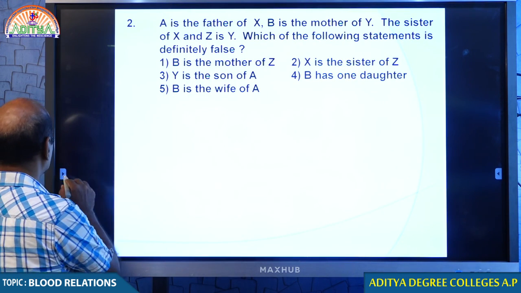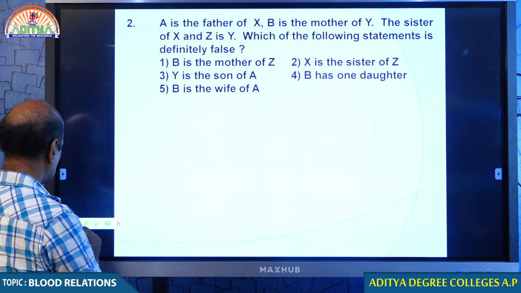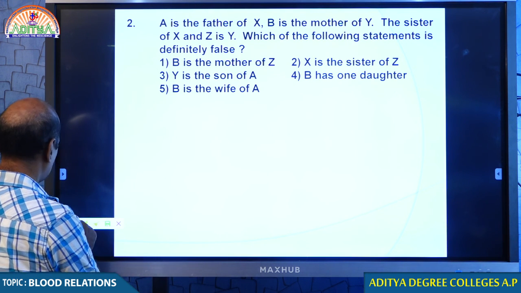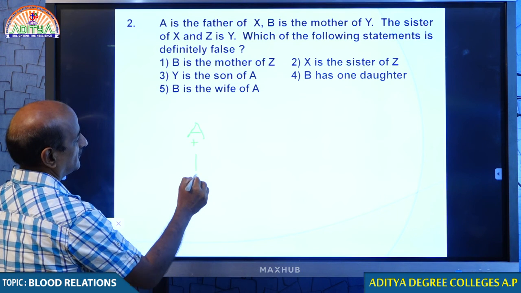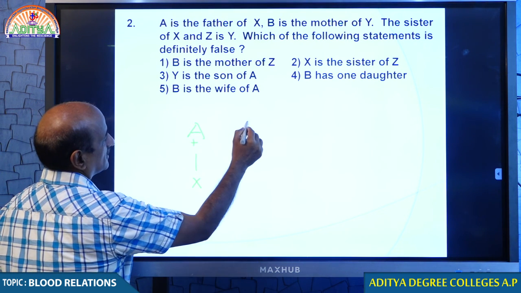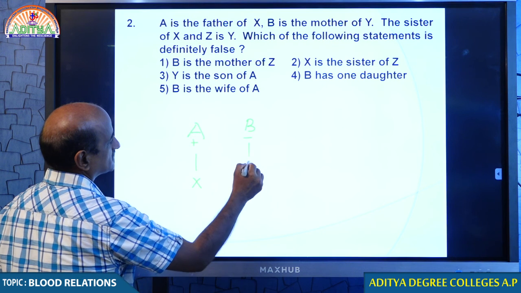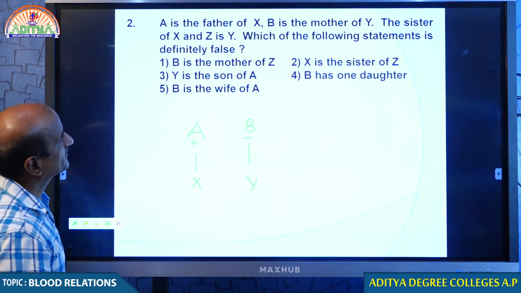Come on student, look at question number 2. A is the father of X, then B is the mother of Y. You might have seen that both pieces of information are taken aside.